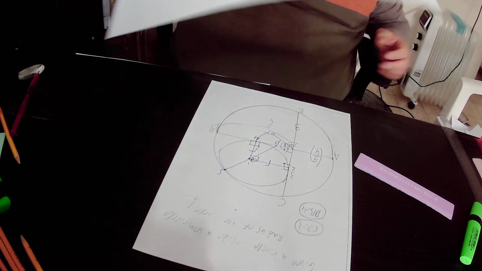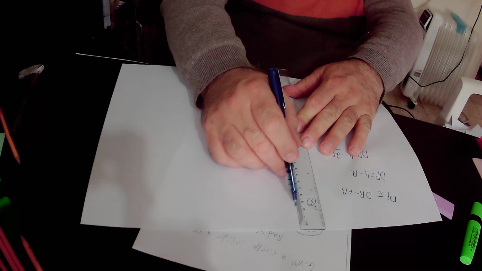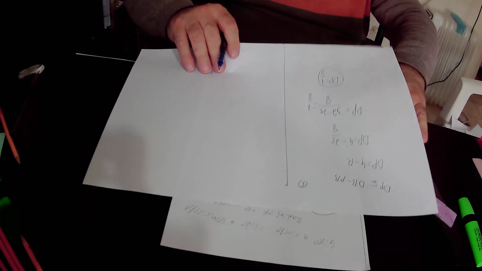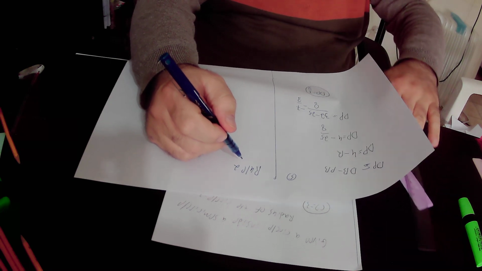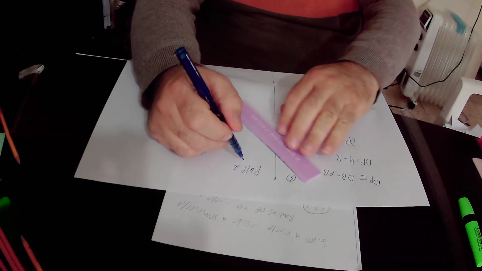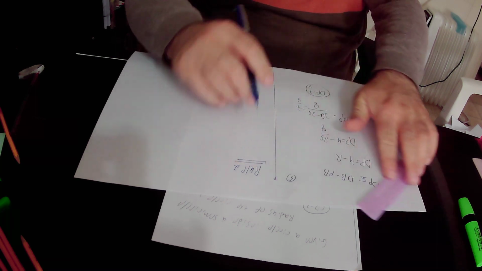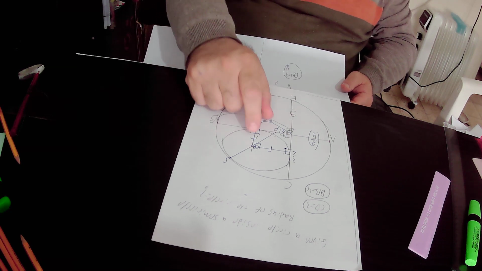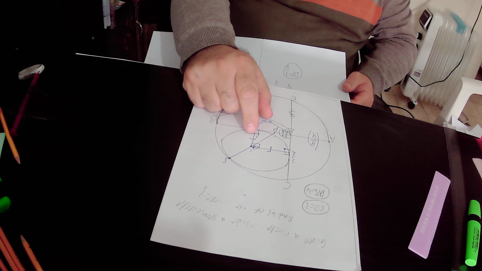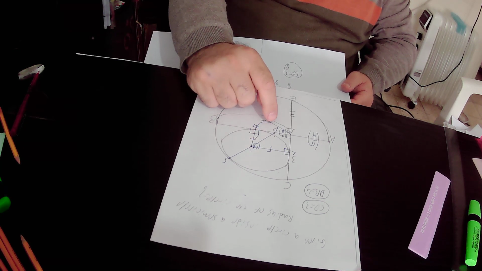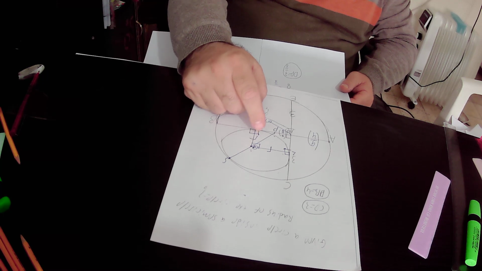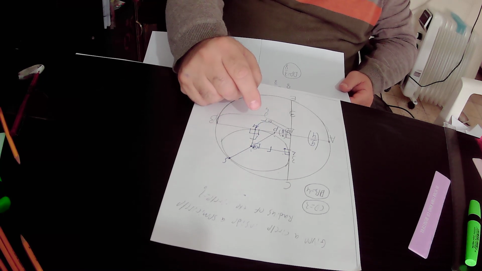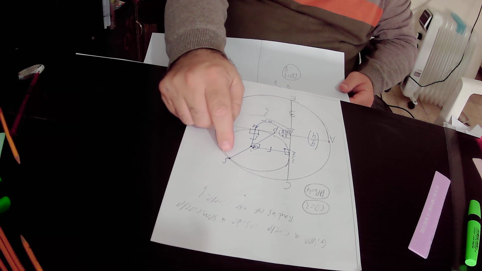rule number 2. Whenever two circles have an internal touch between them, that is to say they are touching each other internally, then the straight line that connects the centers of the two circles, that is to say in this case PQ, because P is the center of the big circle and Q is the center of the small circle, must pass through the point of tangency.